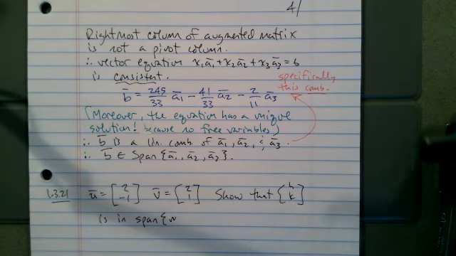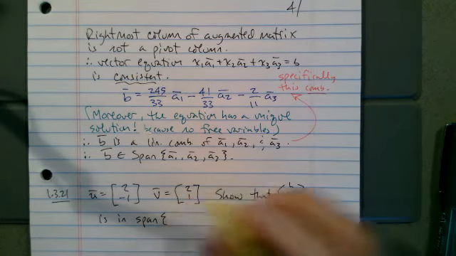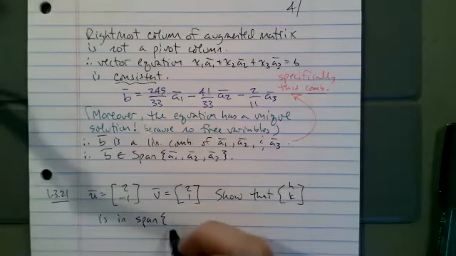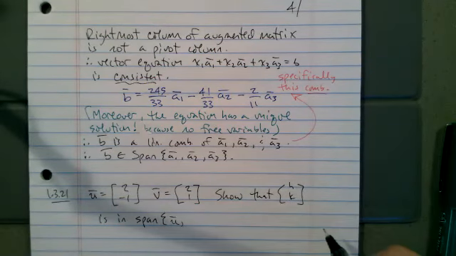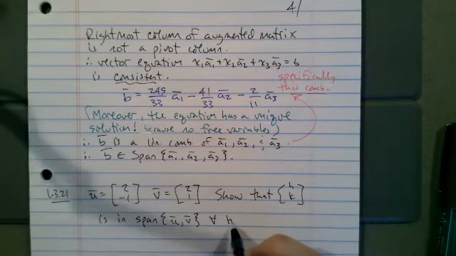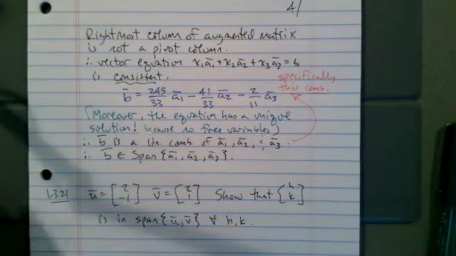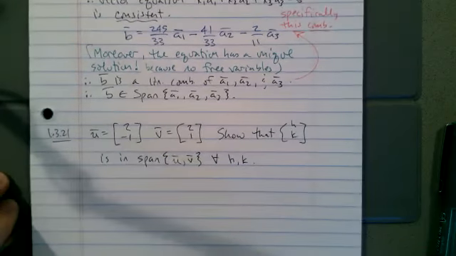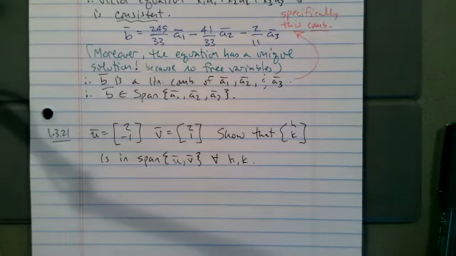of U. I spelled U very wrong. I spelled it with 2 U's, a double U. I want to show that HK is in the span of UV for all H and K. That is, I need to translate this into an equation.